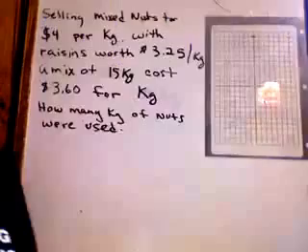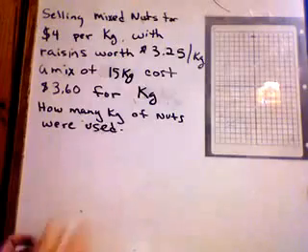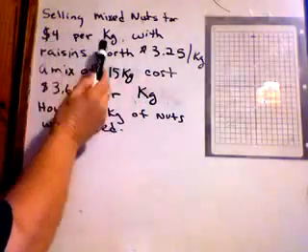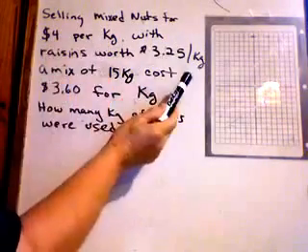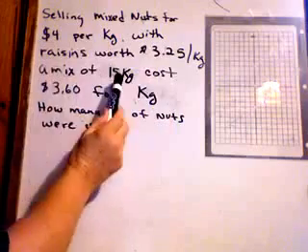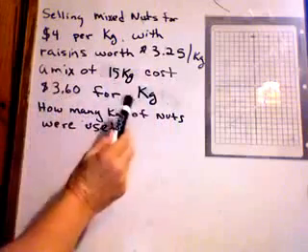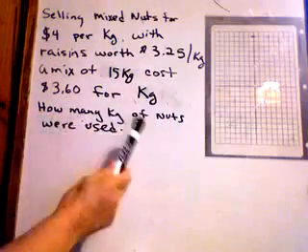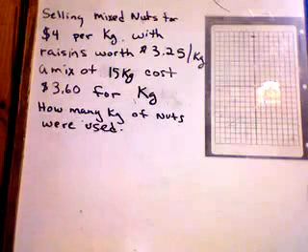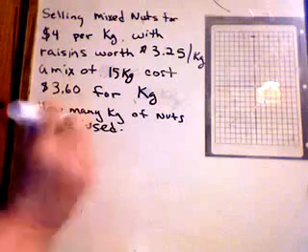Be careful, though. Alright, so here we have a mixture problem. We're selling mixed nuts, $4 a kilogram, with raisins, $3.25 a kilogram. A mix of 15 kilograms costs $3.60 for a kilogram. How many kilograms of nuts were used? So basically, again, we're going to use two variables, and what are we talking about?